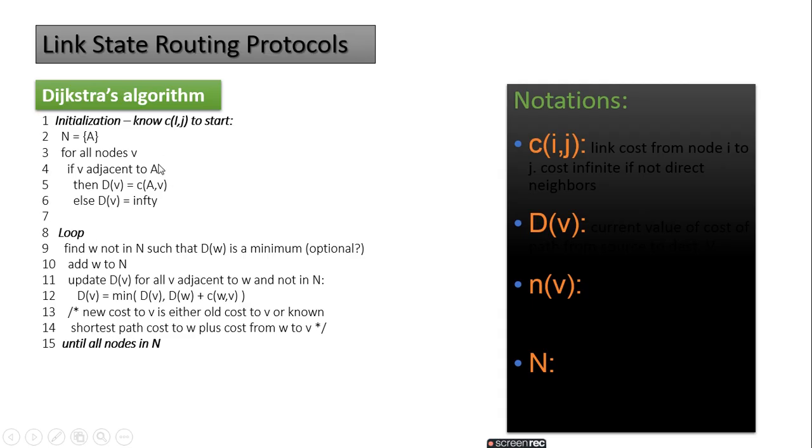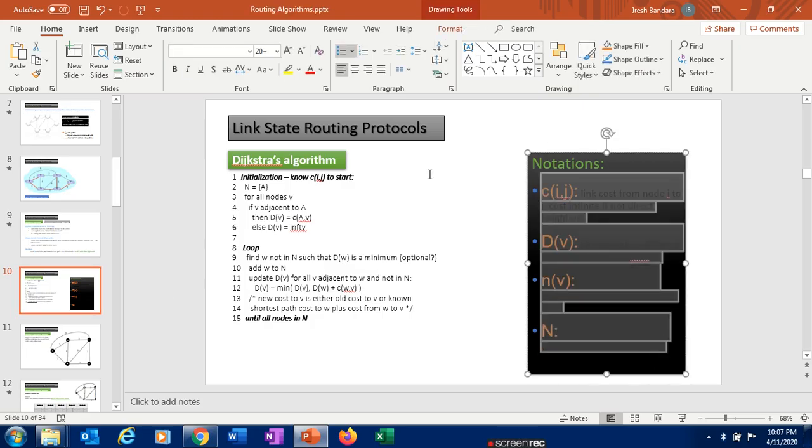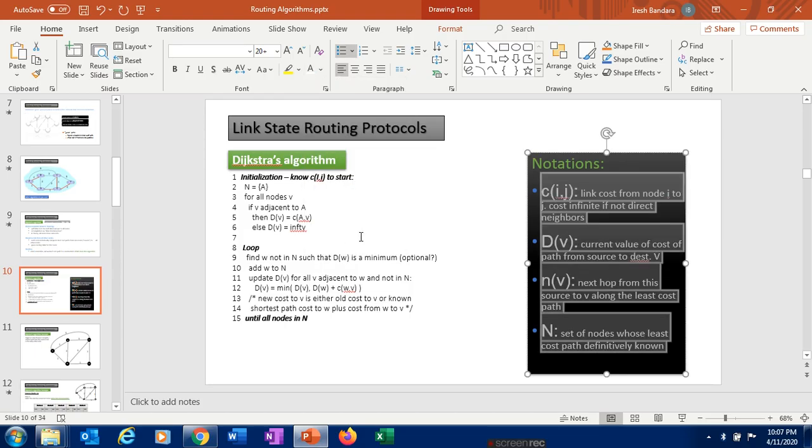Now let's quickly go through the algorithm and see how it works. I think these notations are not that clear to you, so I'm going to quickly apply a different color for it. Give me one second until I do that. Okay.